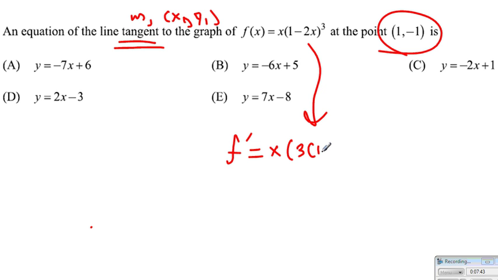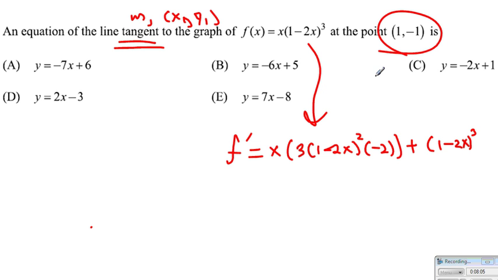3 times (1 minus 2x) squared, and then the derivative of the inside, which ends up being negative 2. And then plus the other portion, (1 minus 2x) to the third power times the derivative of x, which is equal to 1.